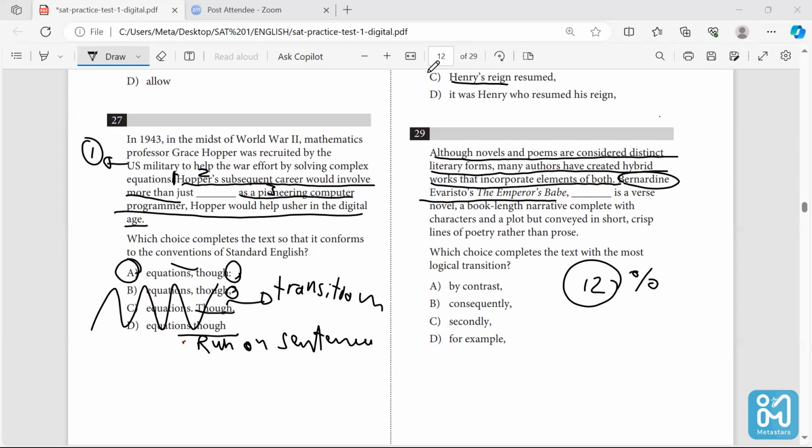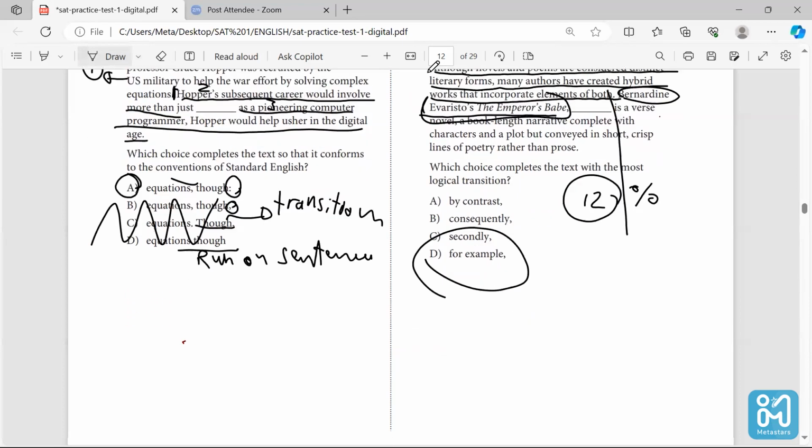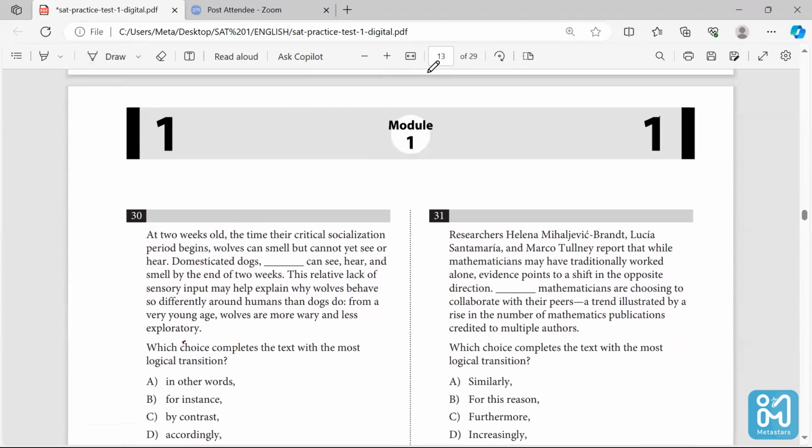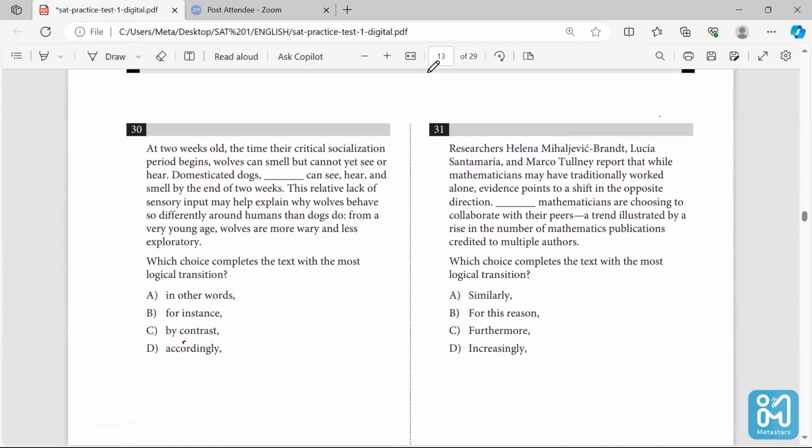D. D, that's right. Thank you so much. Because he wants to say that this is an example, يا جماعة. You got it? That's one. All right, let's move on. Yes, what about this? يلا Jenna, try this out. Go ahead, Jenna.